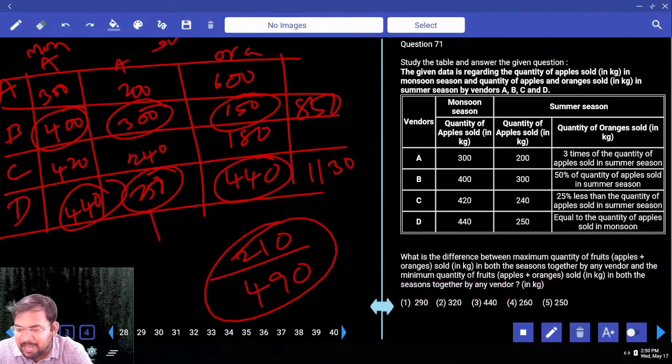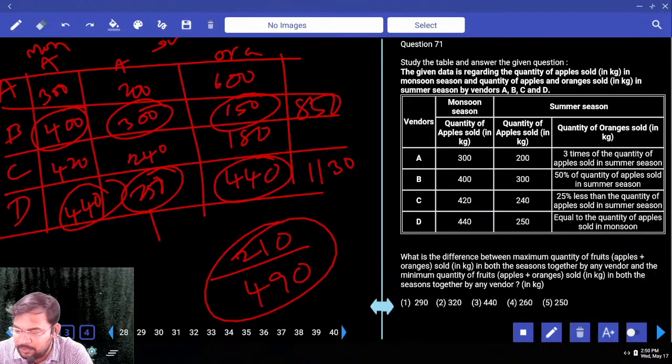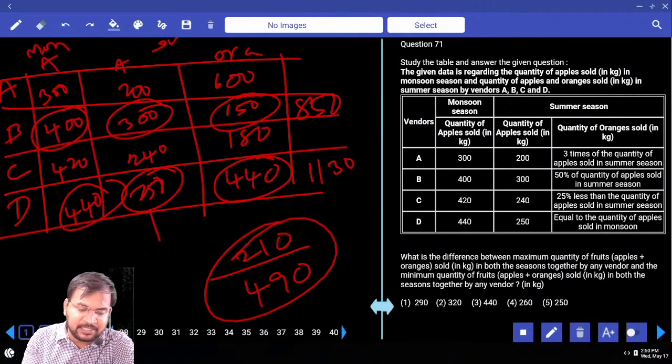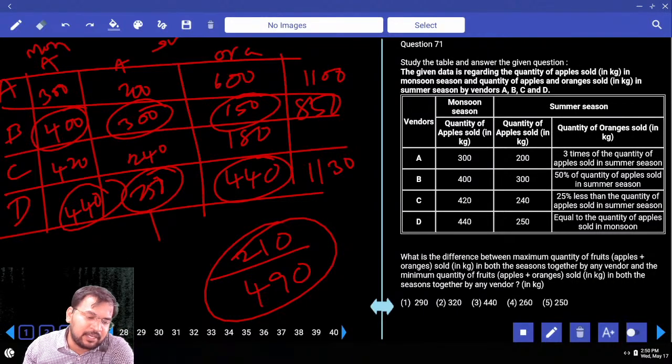What is the difference between the maximum quantity of fruits, apples plus oranges, sold in both the seasons together by any vendor, and the minimum in both the seasons together by any vendor? So the maximum and minimum difference, we already calculated these two. A is how much? 900, 1100. Here 660, 740, 840.